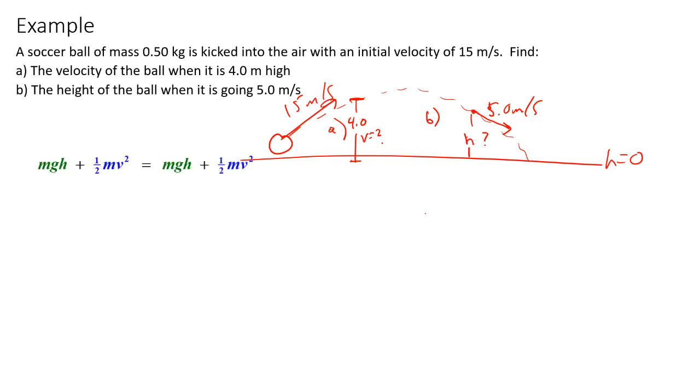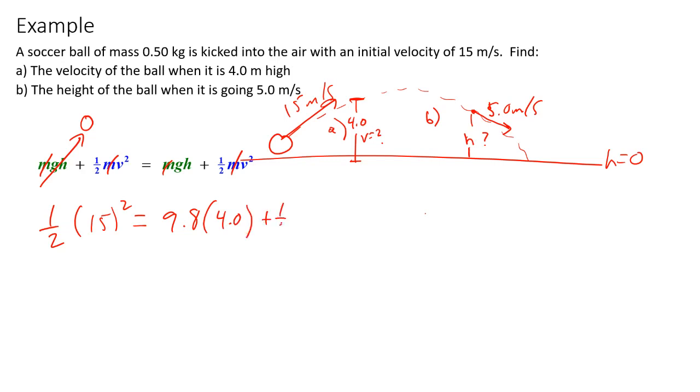Okay, so in part A, again, mass cancels out in all of these terms. So our potential energy initially for this ball is going to be 0. Okay, so if we plug and chug through some numbers, we have 1/2 times that initial velocity of 15. Okay, that's when the ball is just kicked. That's going to be equal to 9.8 times, in part A, we're told that this ball is 4 meters above the ground.